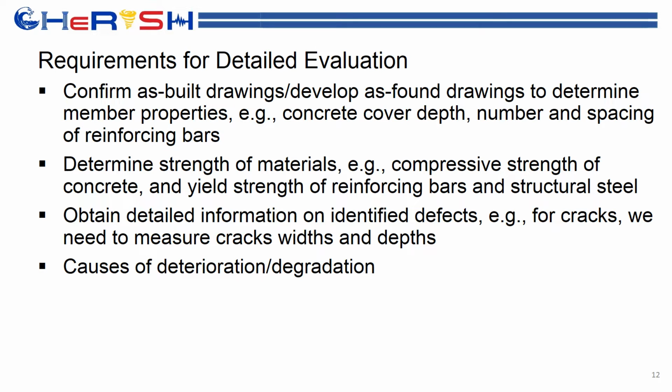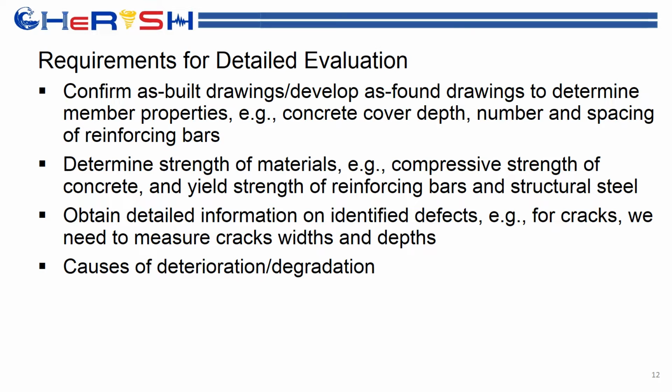during the RVS screening, then we need to obtain detailed information on these defects. So for example, the cracks. During the RVS, they might mention that there is a crack in this area, but they were not able to note the crack width or the length of cracks or even the depth of cracks. So we might need to do a detailed assessment in those areas to determine the severity of those observed damage.